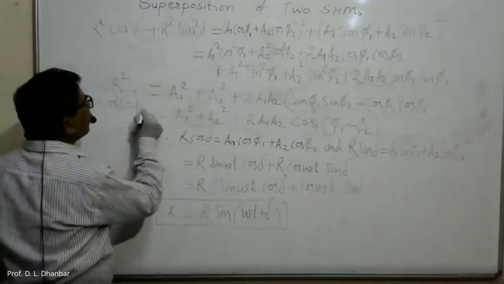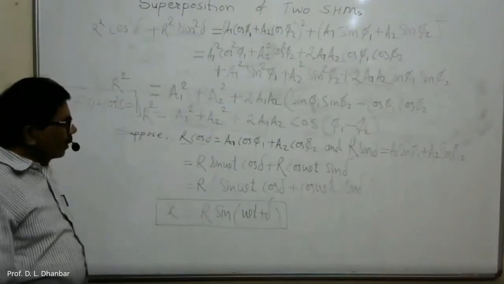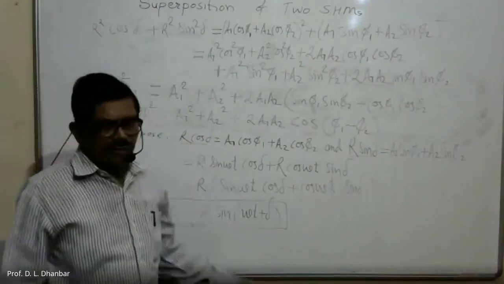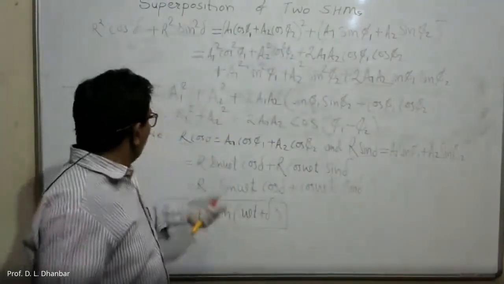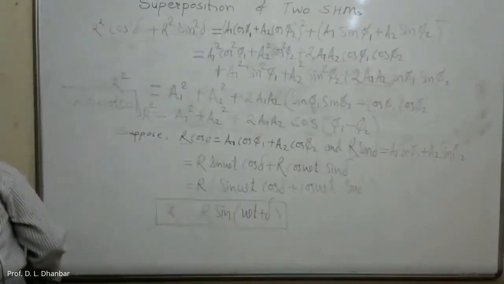On left hand side we have R square. This is R square is equal to... Now if you take the square root on both sides, what you will get? That we'll see.